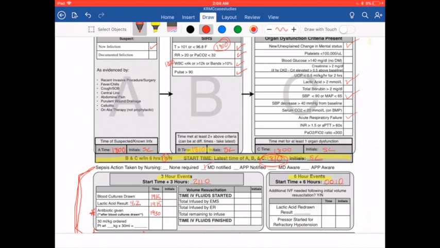So we know that the patient is 95 kilograms, and so if we take that times 30 mils, that would equal 2850. So what this means, and this is the really important part, is that we have until 2110 to get these IV fluids in. So it's really important to document when the IV fluids were started and when they were finished. So just know that that's a big priority right away.